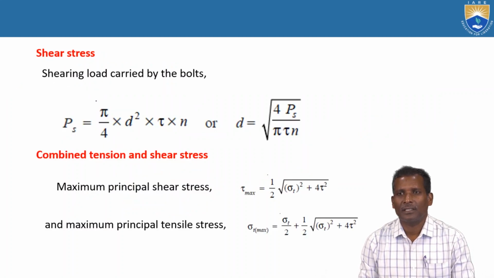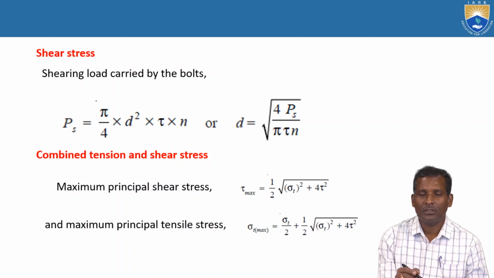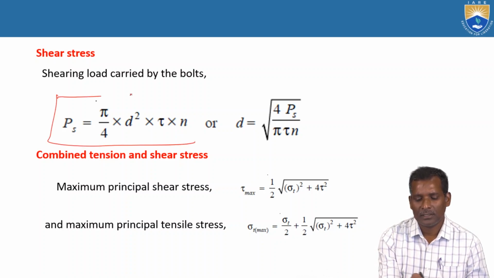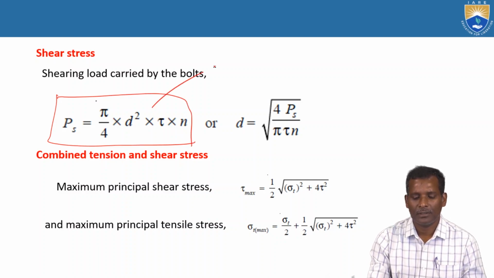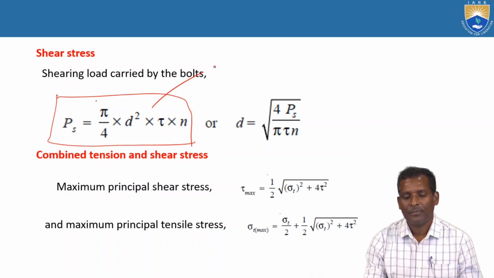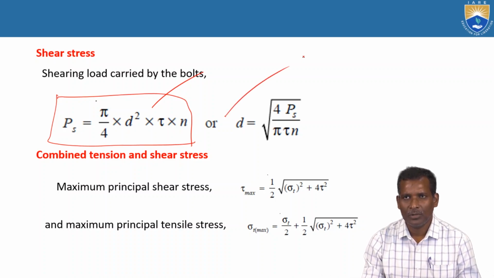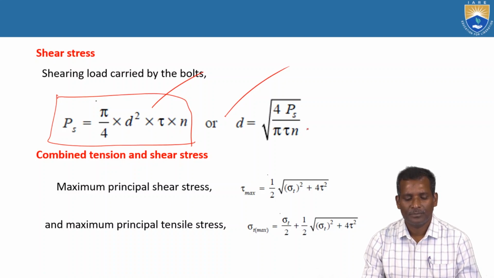Similarly for shear stress, when it is subjected to shear load, the shear load is equal to π/4 d² τ into n. So here you can calculate the diameter of the bolt by using this obtained relation.